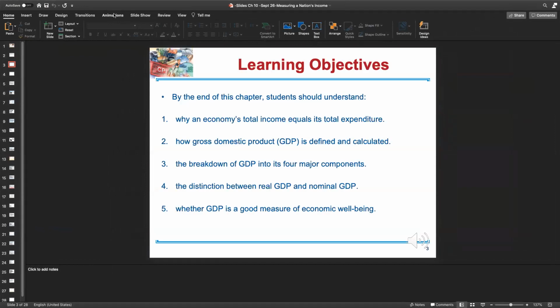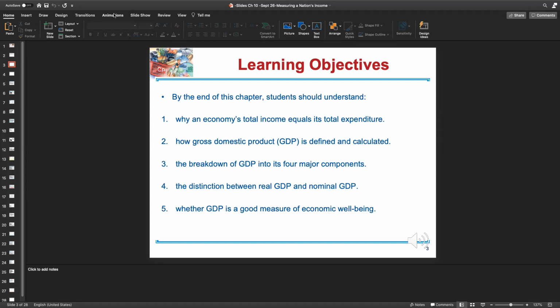In this chapter, you will learn why an economy's total income equals its total expenditure, and how gross domestic product, which we call GDP, is defined and calculated.